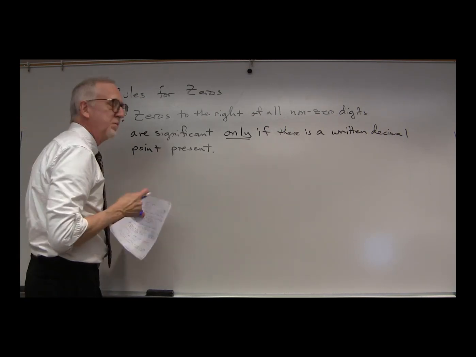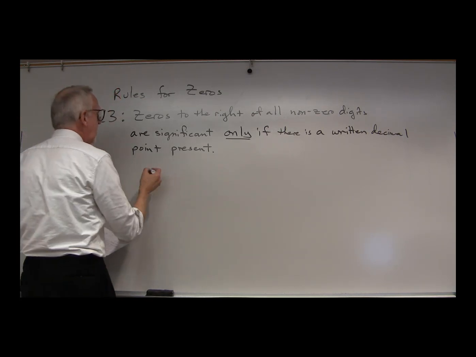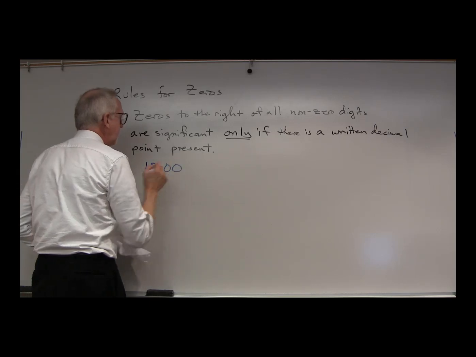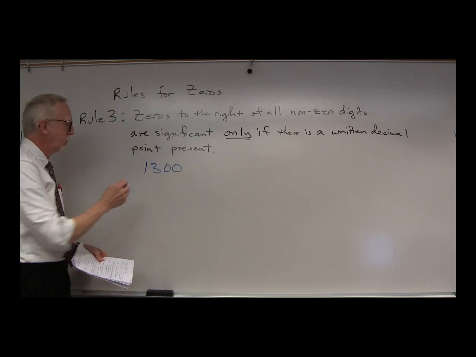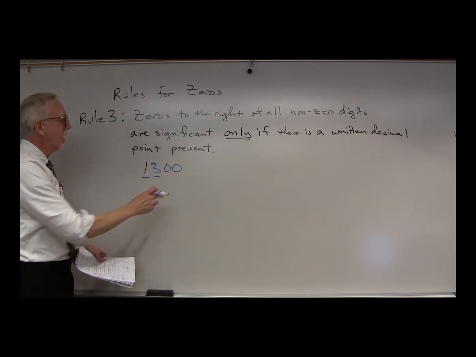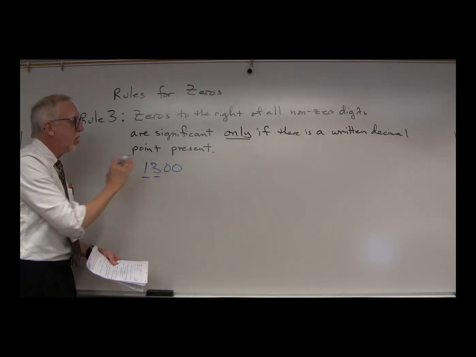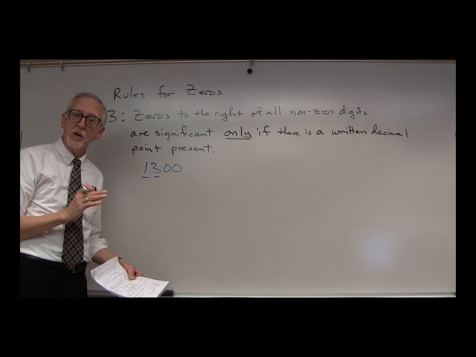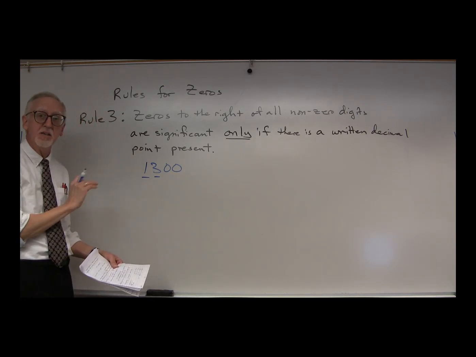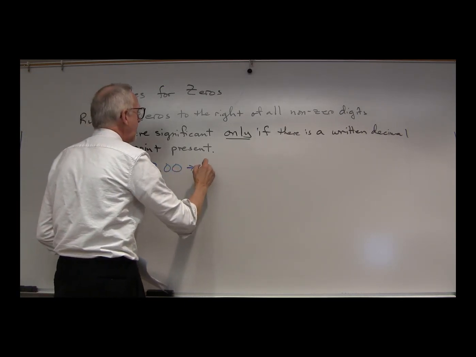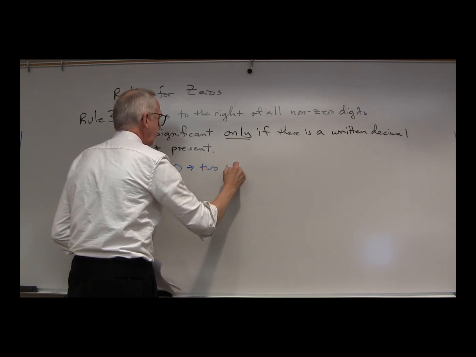All right, let's take a look at some examples of this. What about 1,300? Well, 1 and 3, significant. These zeros are to the right of the non-zero digits, but there is no written decimal point present. Therefore, they are not significant, so that only has 2 sig figs.